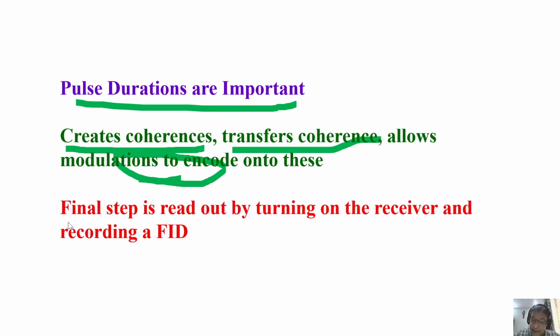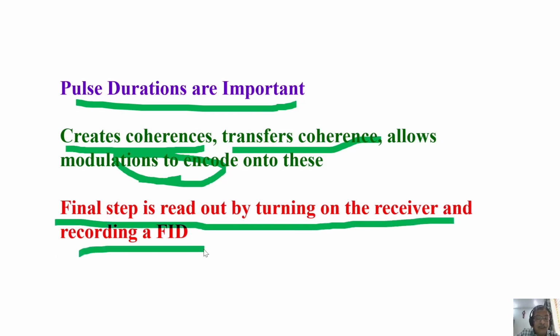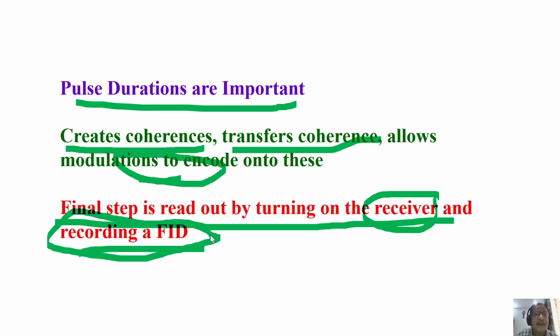And which direction you apply and which direction you detect also matters a lot. So finally, all these things we take into account for designing a pulse sequence, an experiment of our choice. And the final step is reading out the signal by a detecting pulse. It is called the read pulse, and then we collect the free induction decay. That is the last detection period of the multidimensional experiment.